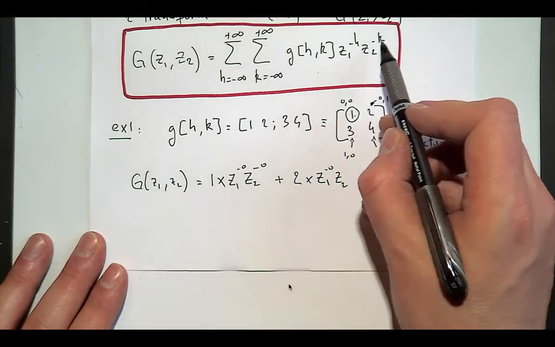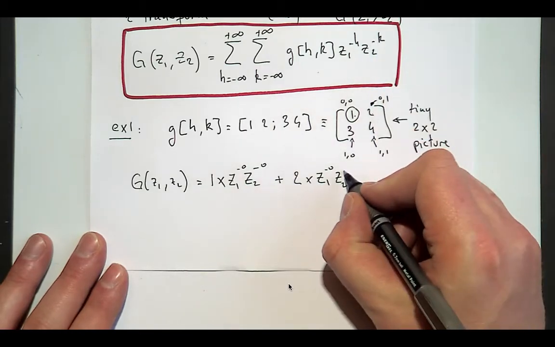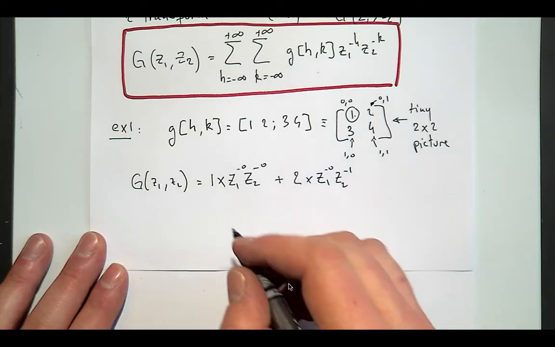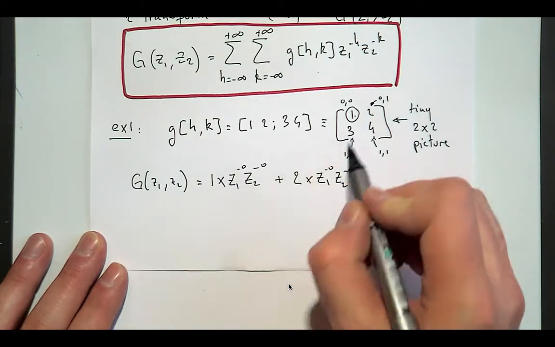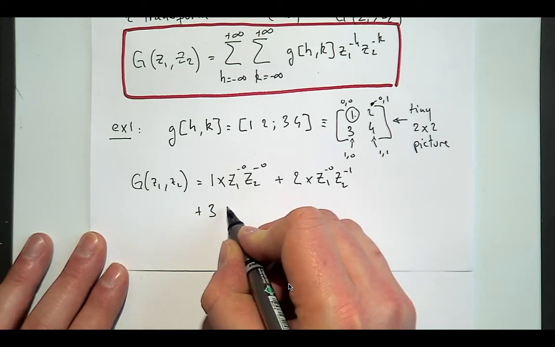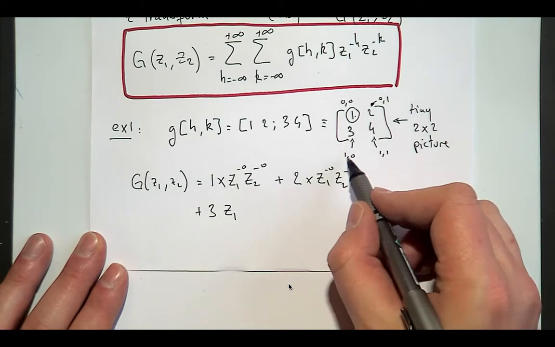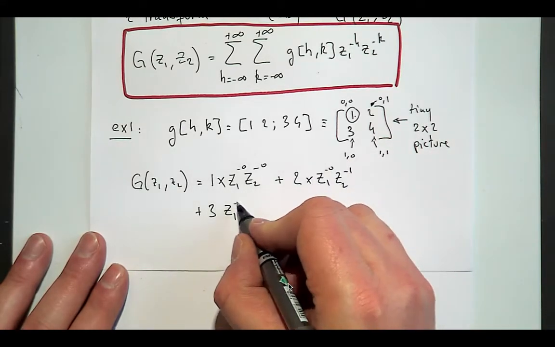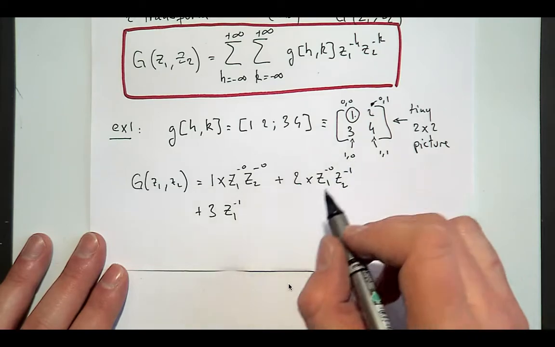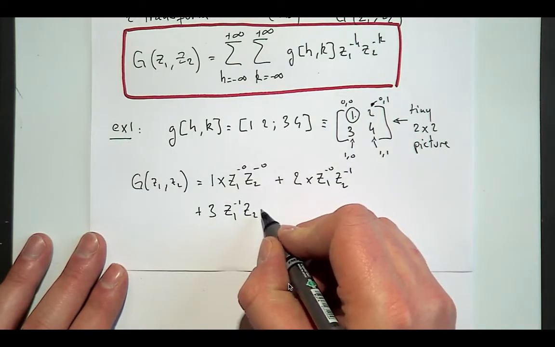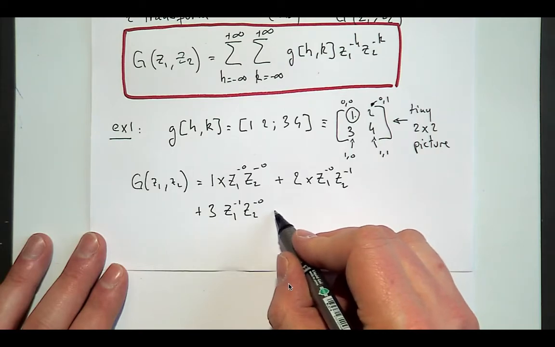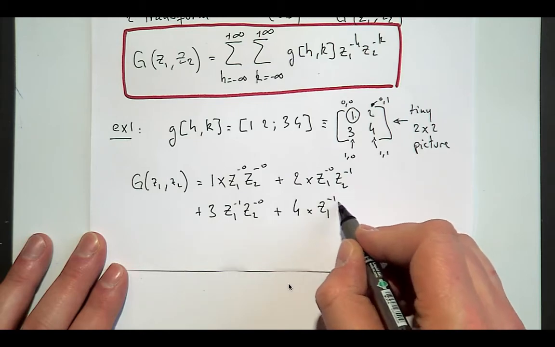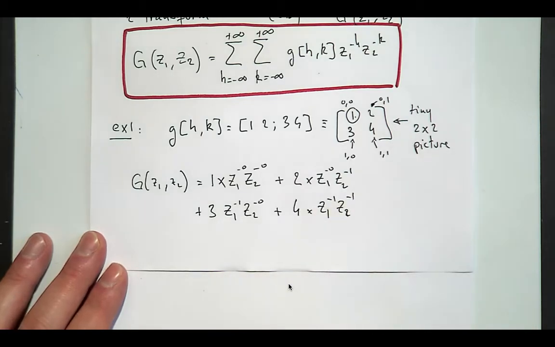Because we do minus here, remember it's minus, you have minus 1 here. All right, and then you can move on to this one, so plus 3 times z1, this time h is 1, so that would be minus 1. And z2 would be minus 0. And then we move on to the next one, which is minus 1 for both.